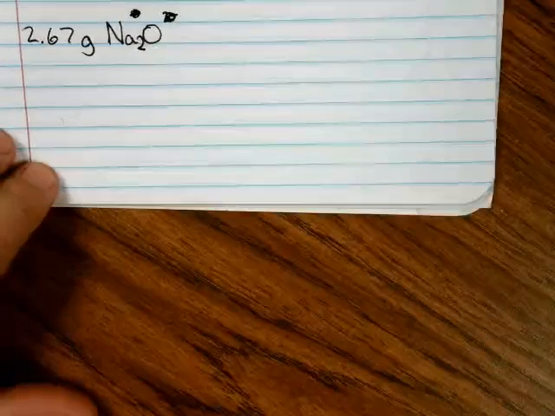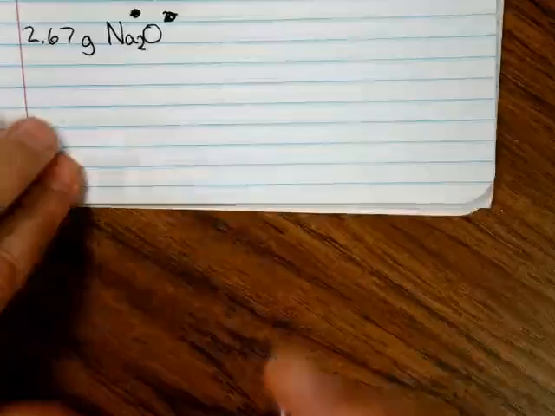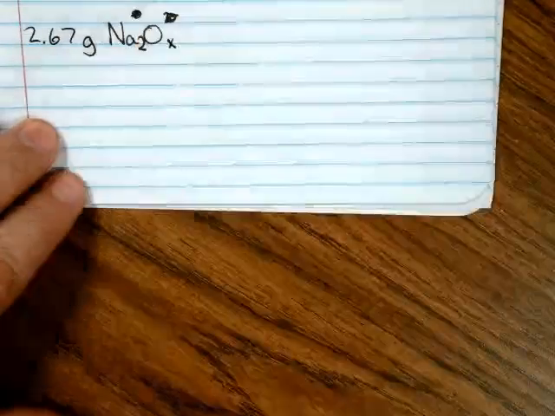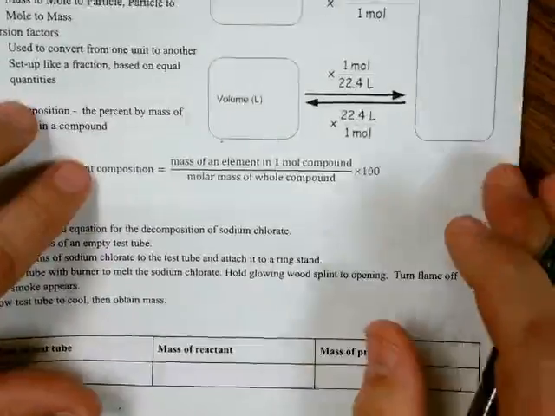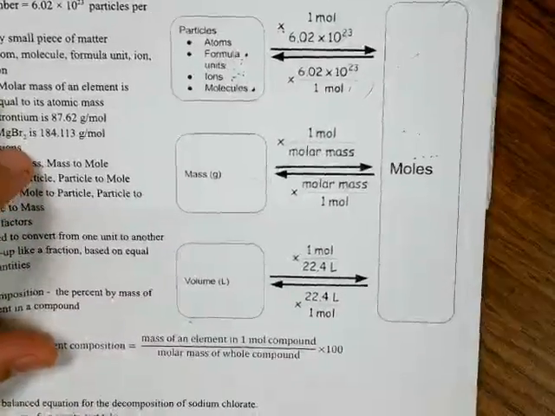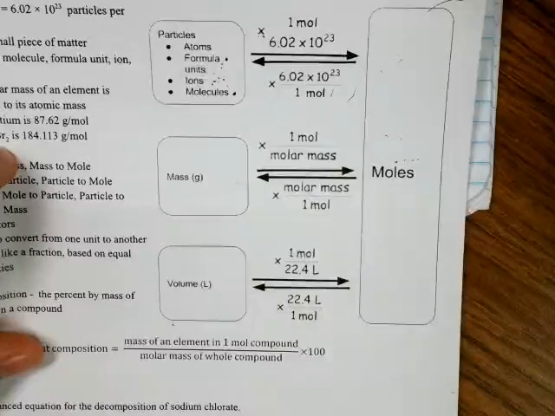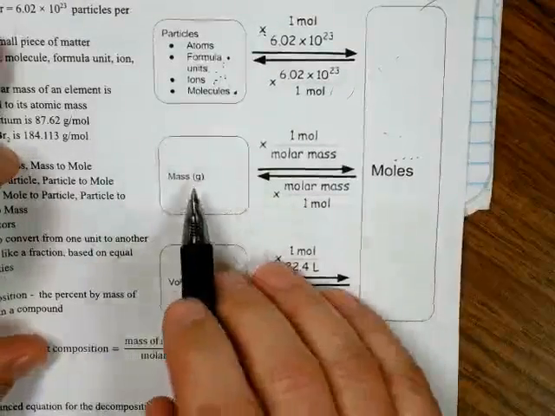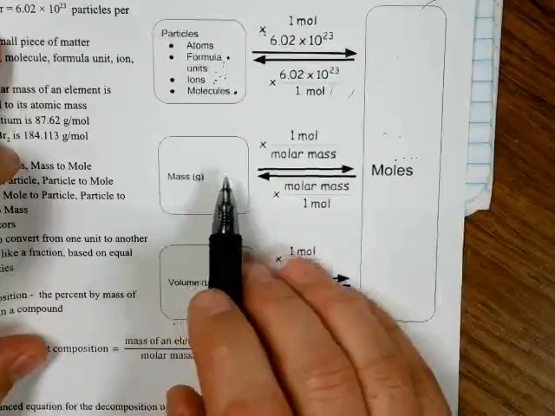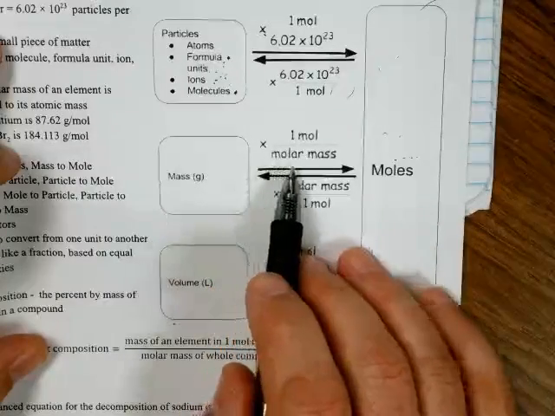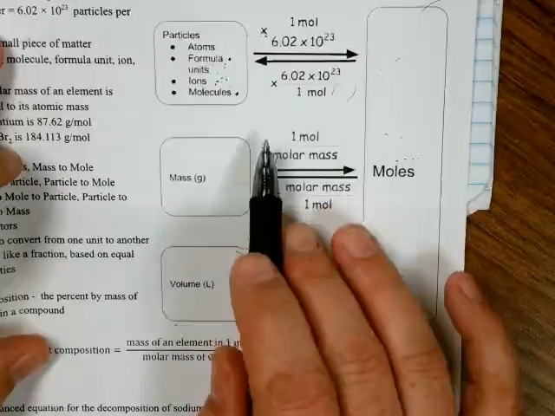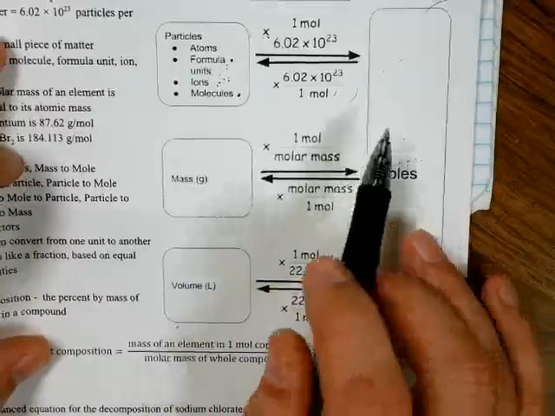What are we looking for in this problem? Sodium ions, right? So when we do this, where are we starting? We're going to start at grams, and we're going to follow that arrow, which means we'll use the top conversion factor.